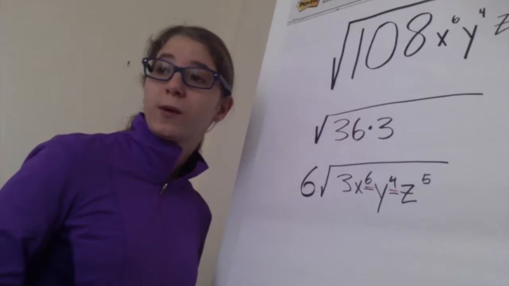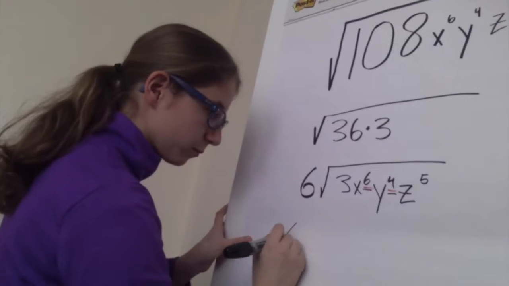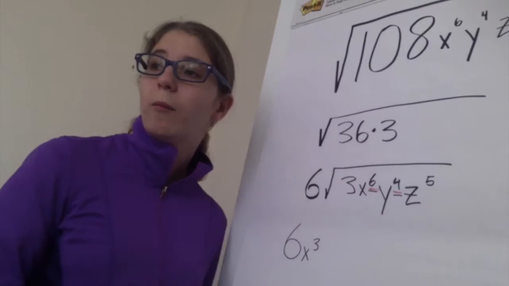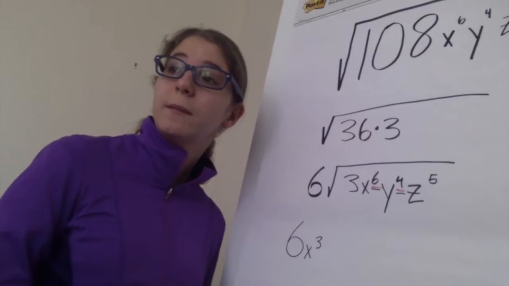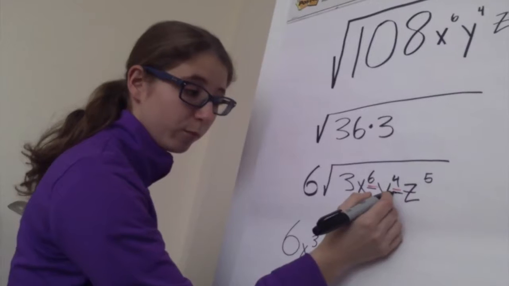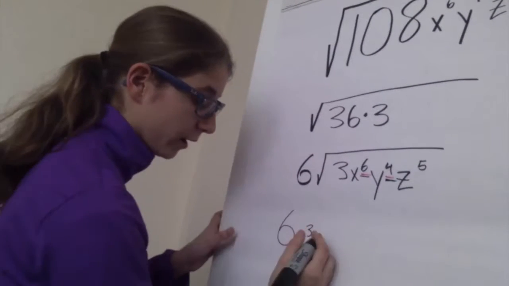To simplify this radical, we get x to the 3rd power. The same is true with the next variable, y to the 4th, which simplifies to y squared.